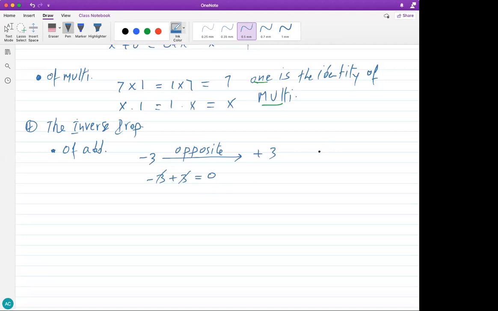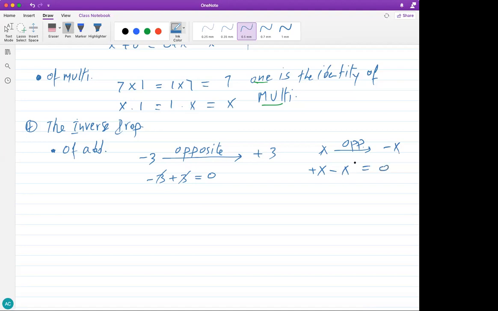Same thing. Let's say you have +2. Of course, the opposite of +2 would be -2. Same thing for any real number x, not just that. For any real number x, the opposite of it would be -x. And of course, if you combine x or +x with -x, they cancel each other out. You get 0.